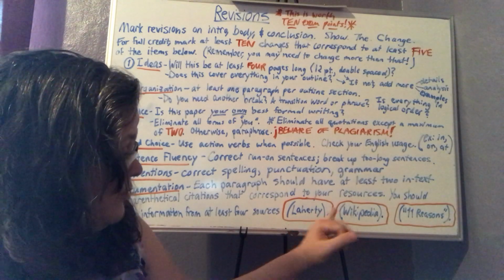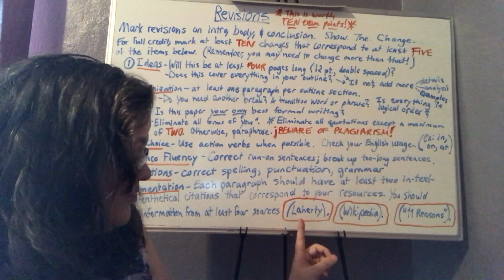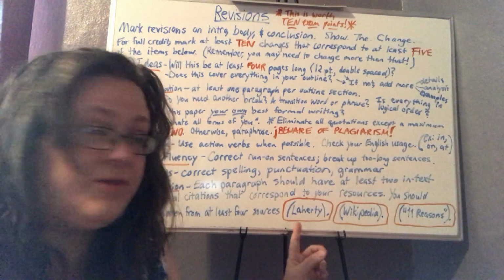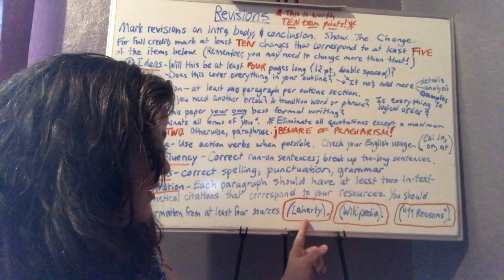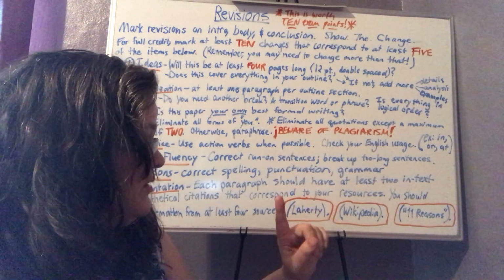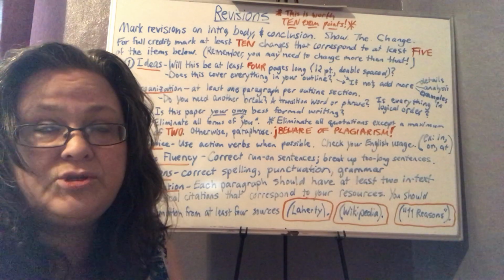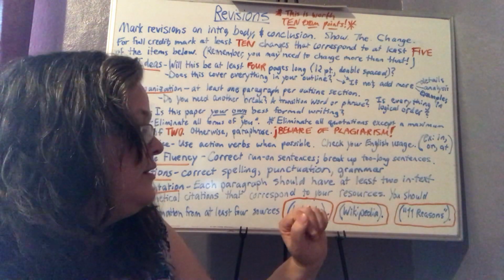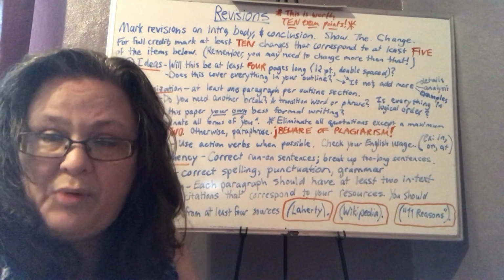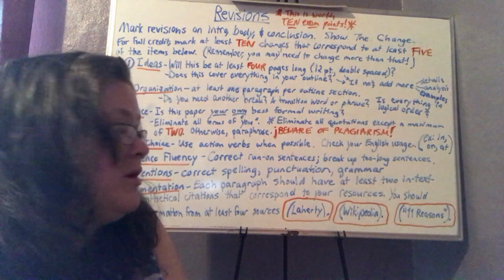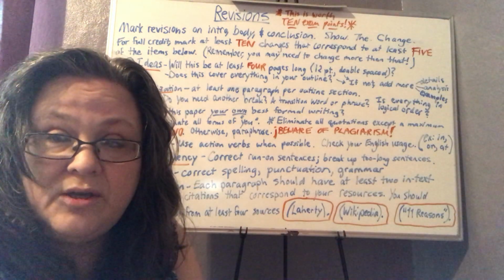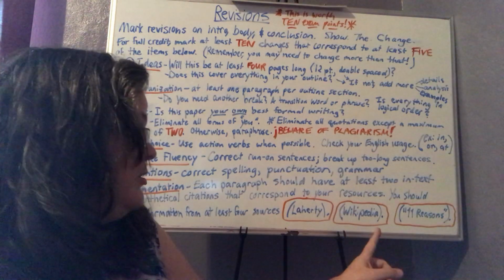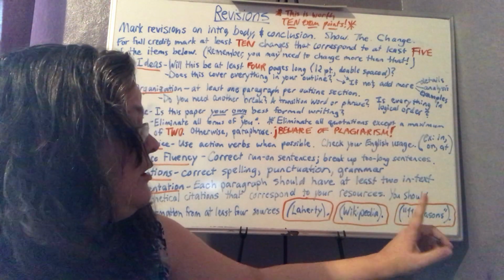So in the parentheses should go, first of all, if there's an author, the author's last name, just like that. If there is no author, the next choice is one of these. If it's a well-known repository of information like Wikipedia, National Geographic, Encyclopedia Britannica, you can put that in parentheses.